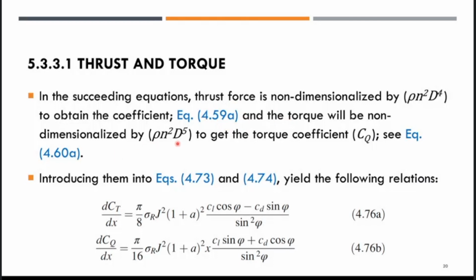All right, so that resulted in this. Take note that the power of D there becomes 5, to get the torque coefficient CQ, and we can see equation 4.60a. Introducing them into equations 4.73 and 4.74, you get this expression. We are not going to further elaborate on this equation.